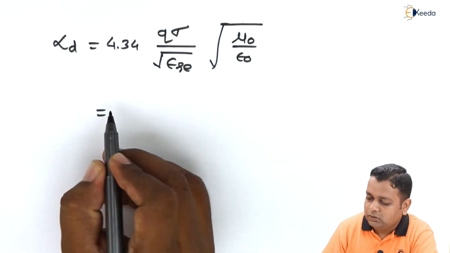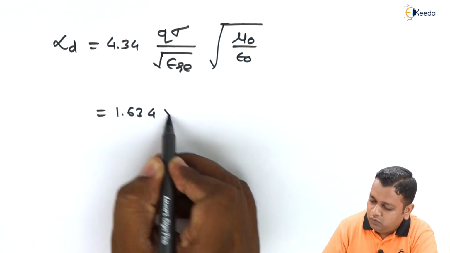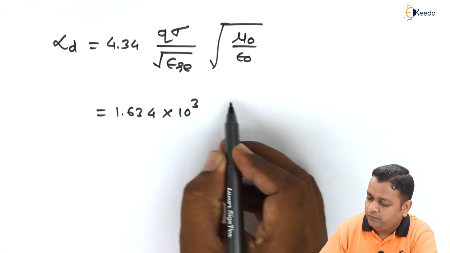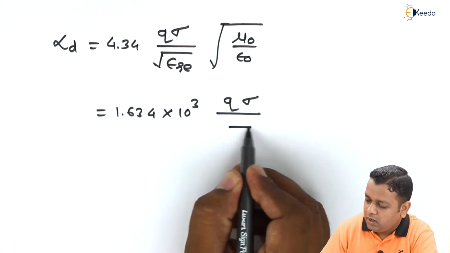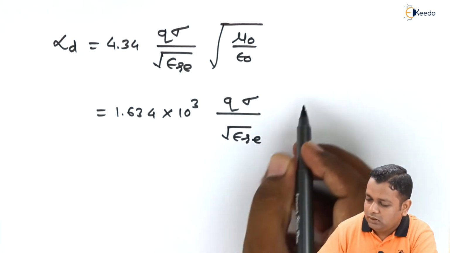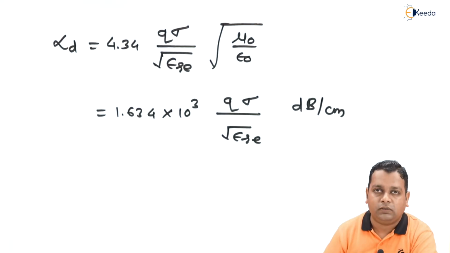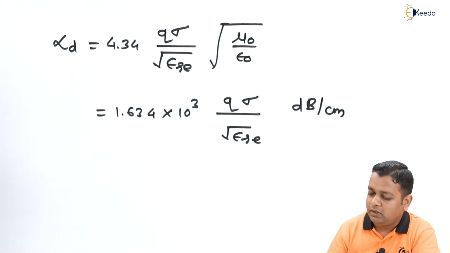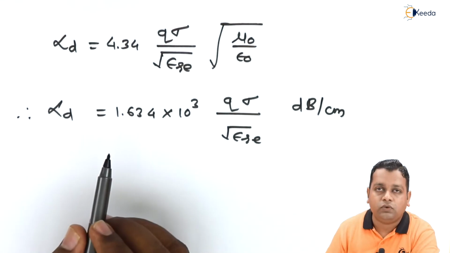This can be further also expressed in the form 1.634 into 10 raised to power 3 q into sigma divided by square root of epsilon Re in terms of decibels per centimeter. So in this representation of equation, we have here small q introduced.